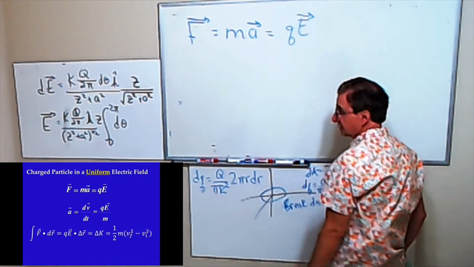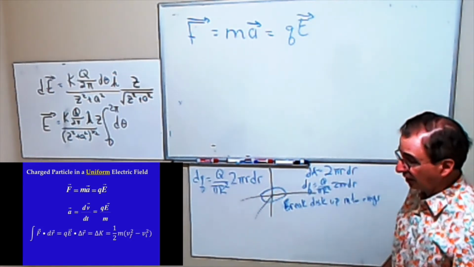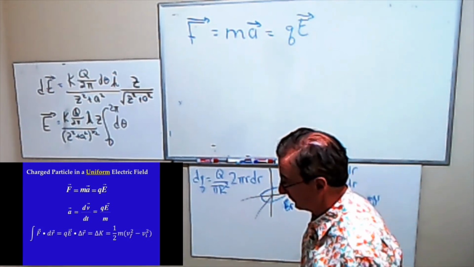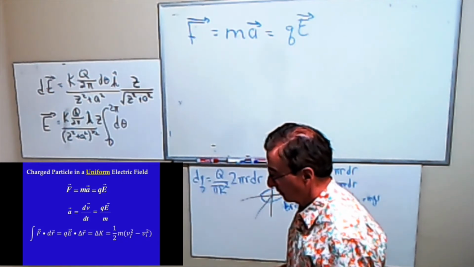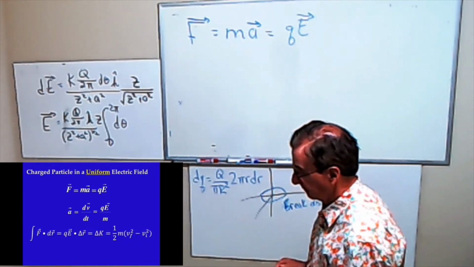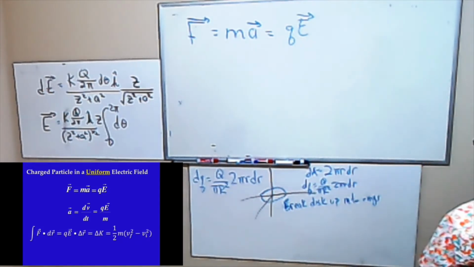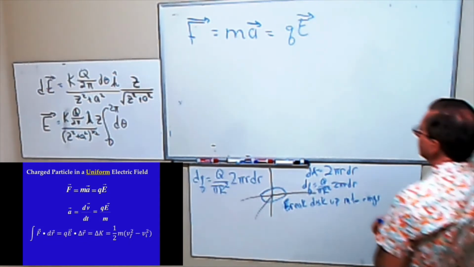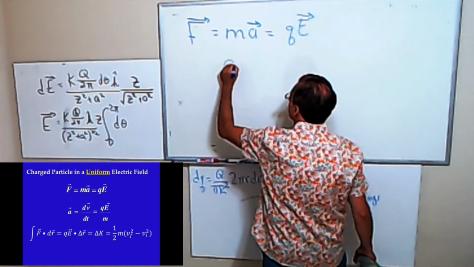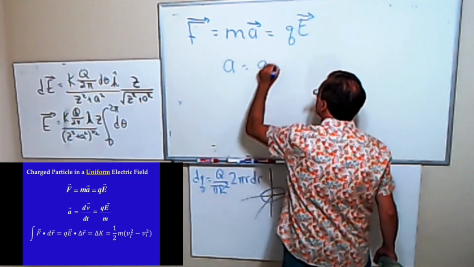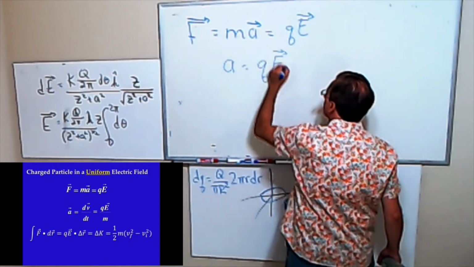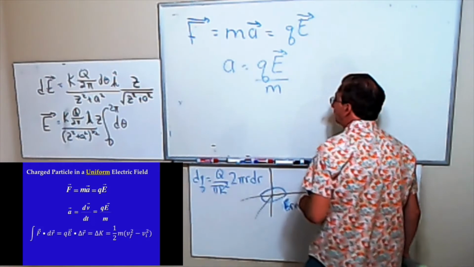Mass times acceleration, which is Newton's second law, equals qE. Solving for a, we get a = qE/m.